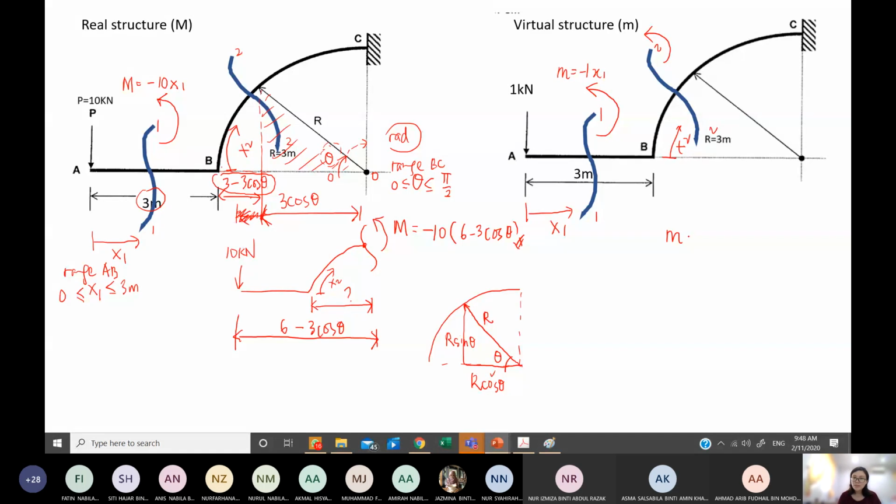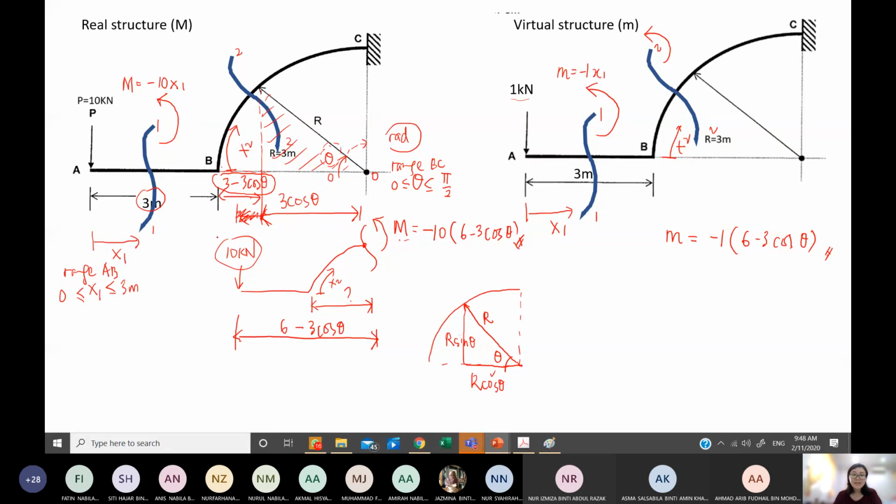The small m will be equal to negative 1 times 6 minus 3 cos theta. Just use this big M divided by 10 because you can use a proportionate method. If not, you just carry out again by changing this 10 kilonewton to 1 kilonewton. So now we have gathered all these bending equations.